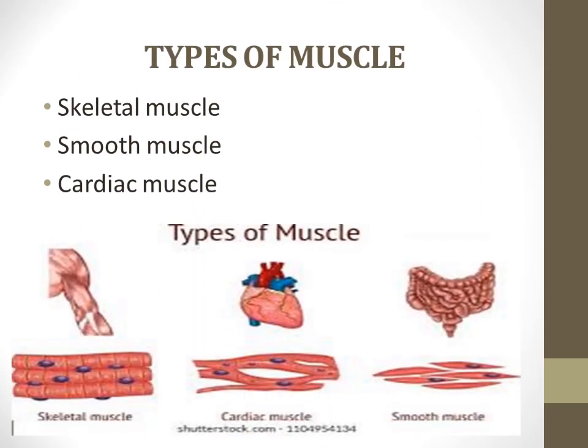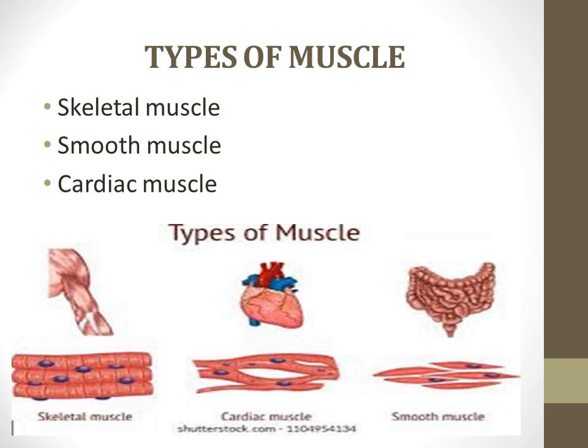So these muscles are of three types. Hope you may have learned this in the lower classes. There are three types of muscle. One is skeletal muscle, another is smooth muscle, and the third is cardiac muscle, right? The first figure displayed there is skeletal muscle.